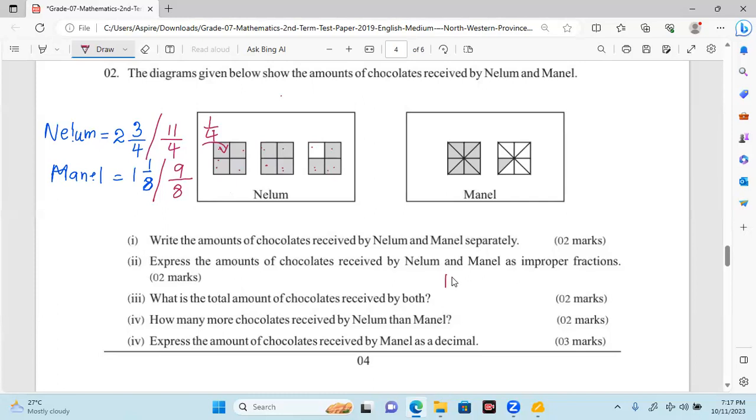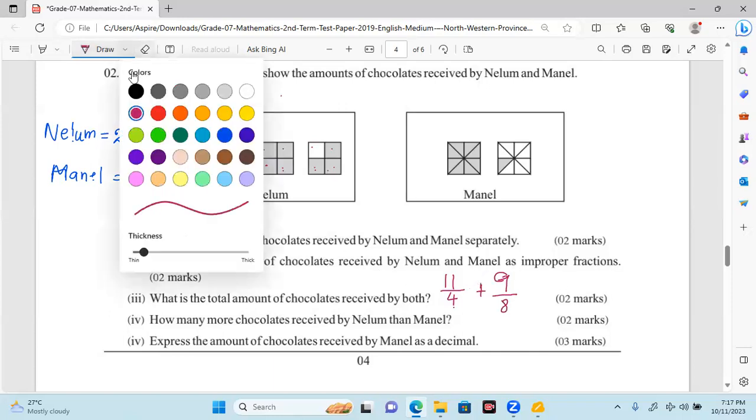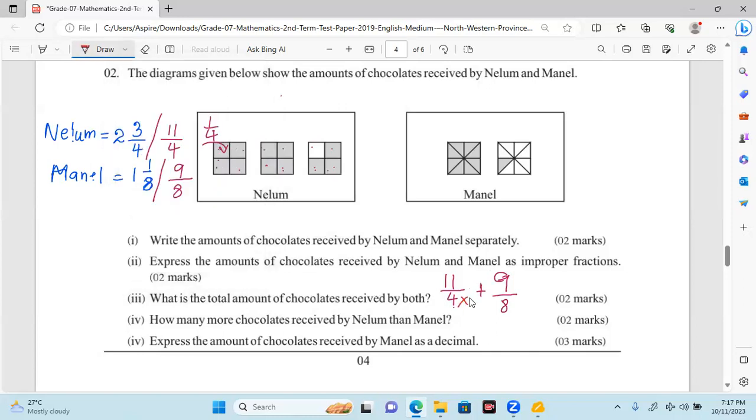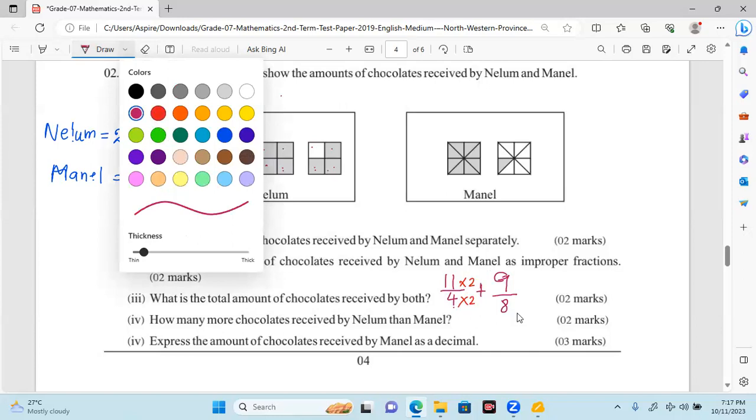Then you can easily add the improper fractions, 11/4 and 9/8. Multiply this by 2.